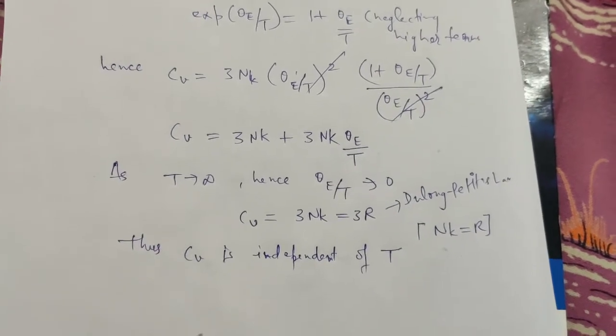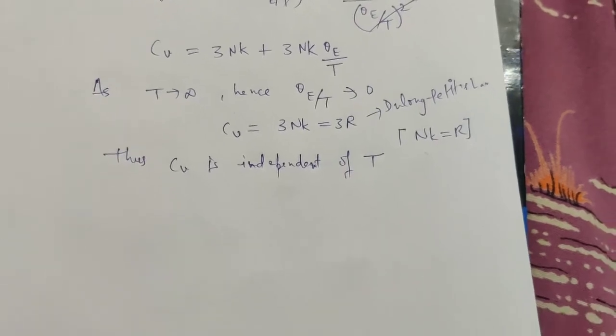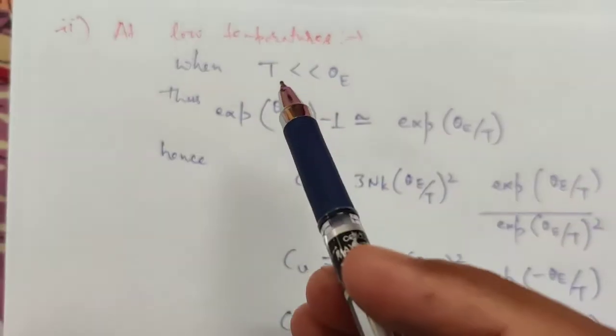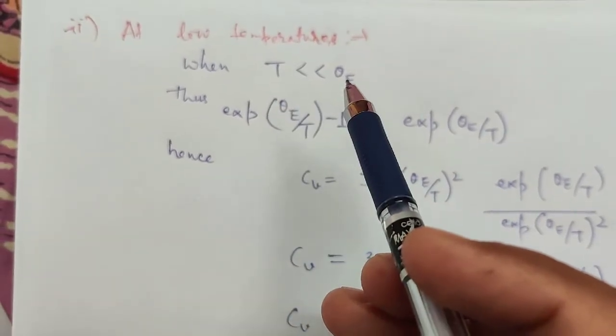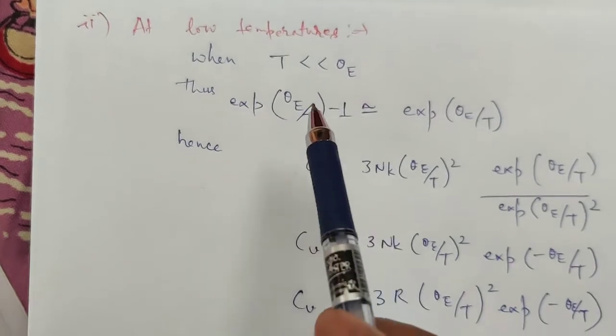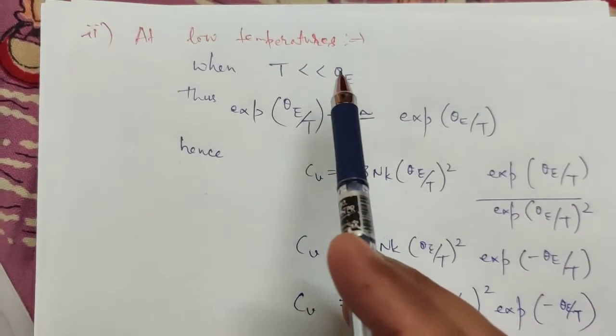So there is another case, which is at low temperature. Now we consider this temperature is low, that is, Einstein temperature is greater than this temperature, so theta E upon T will be greater than 1.